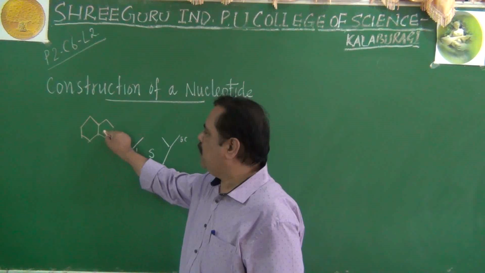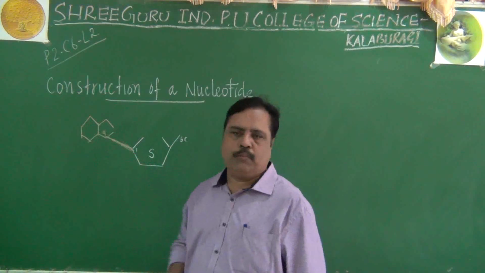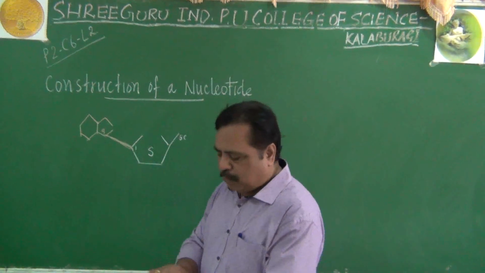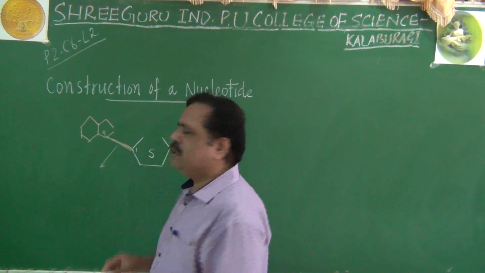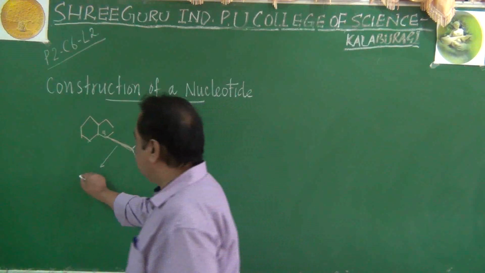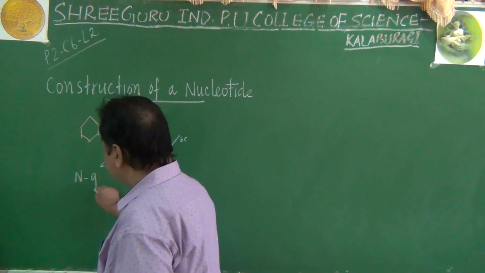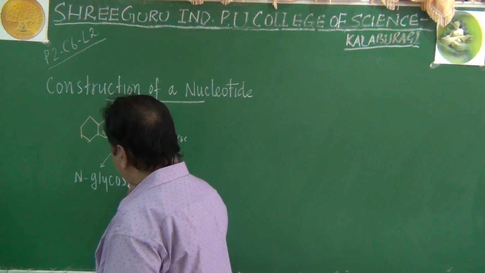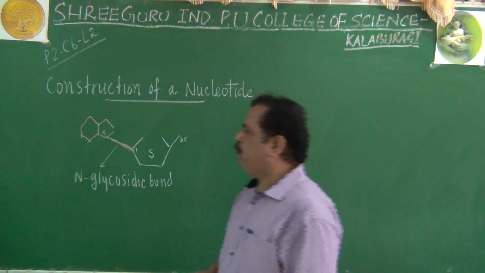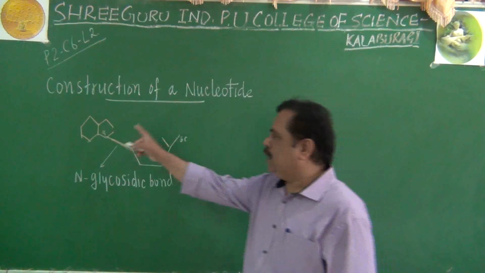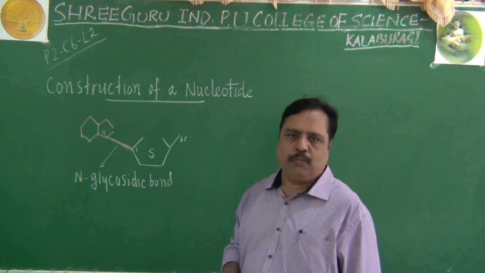That 9th carbon atom of the purine will join with the first carbon atom of the sugar molecule. This type of bond created between a sugar and a nitrogen base is known as an N-glycosidic bond. So the N-glycosidic bond will attach a nitrogen base called purine with its first carbon atom of the sugar molecule.